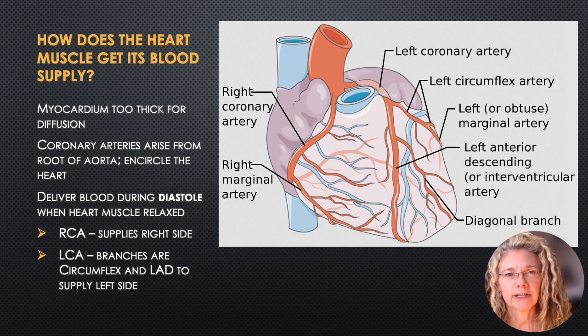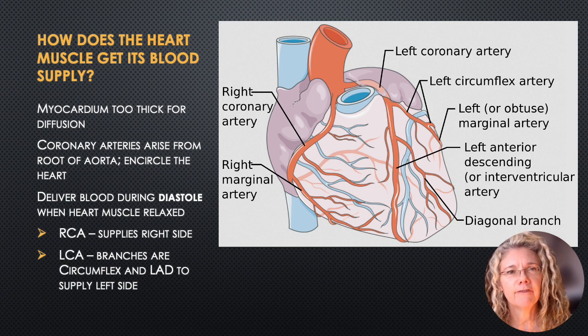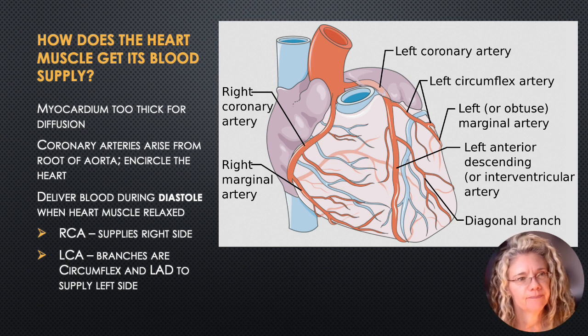So the myocardium, the heart muscle itself, is super thick, right? Especially down in the ventricles. And so it's too thick to get its nutrients through simple diffusion alone. So our coronary arteries arise, they come off of the very base of the aorta, the very, very beginning of the aorta. And they come around the heart to the right, to the left, and encircle the entire organ.